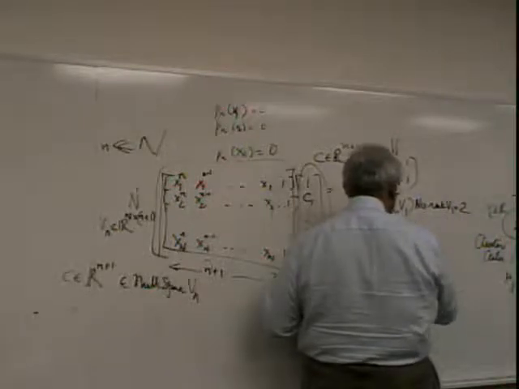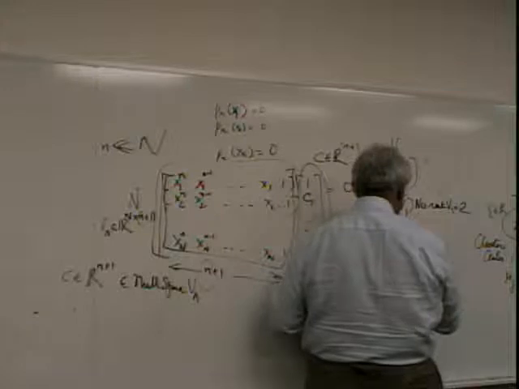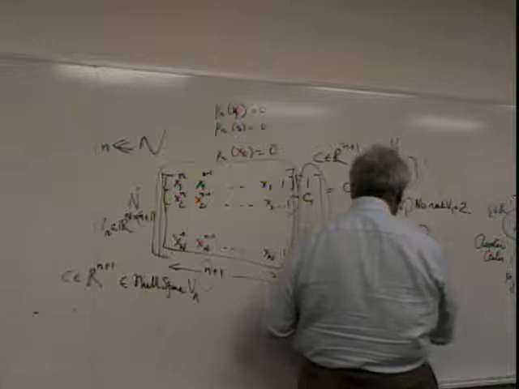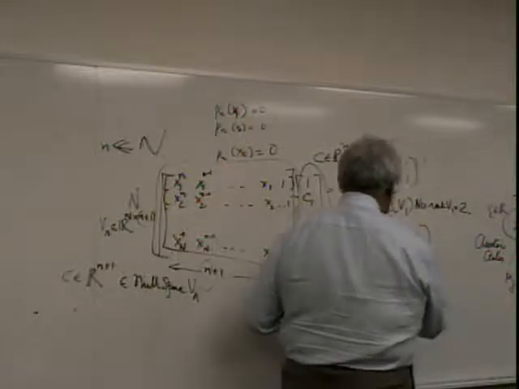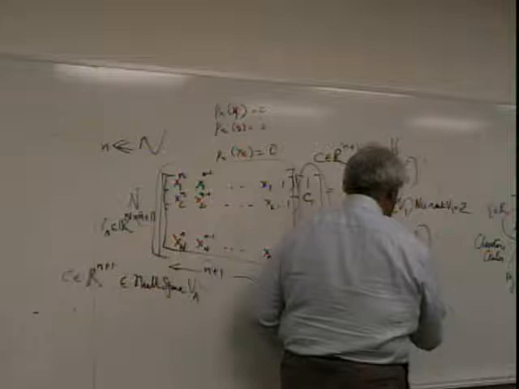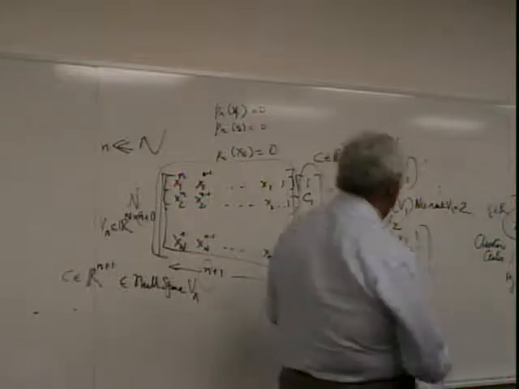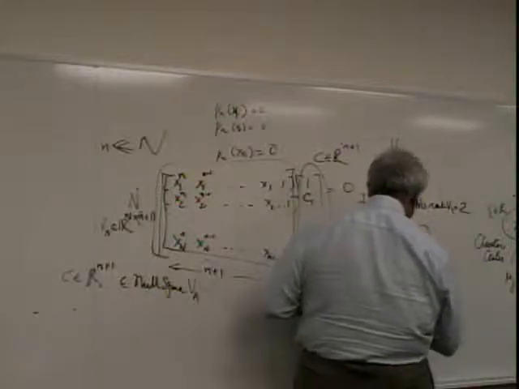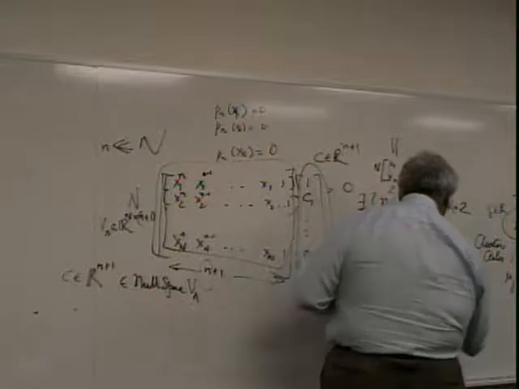V2 is x1 squared, x1, 1, x2 squared, x2, 1, and so on up to XN squared, XN, 1. And that's V2. Then the same question: does there exist a null space to V2? Or rather, is the rank of V2 less than 3?